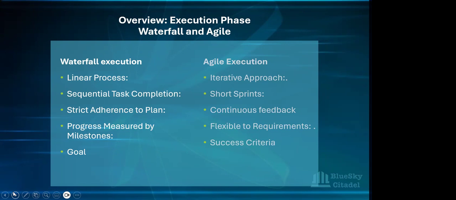And the success of agile is measured by the delivery of working product increments. Whereas within waterfall, the success is measured at the end when you see the final product, with agile you can see your success in short increments.